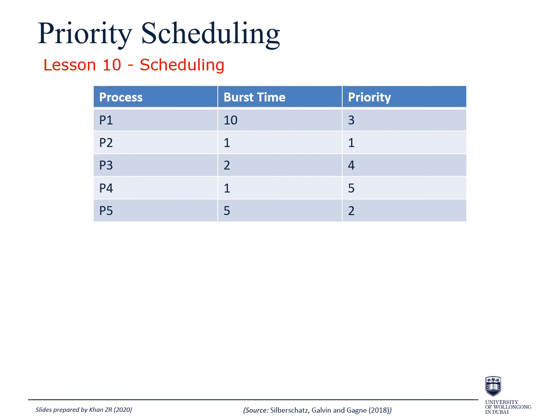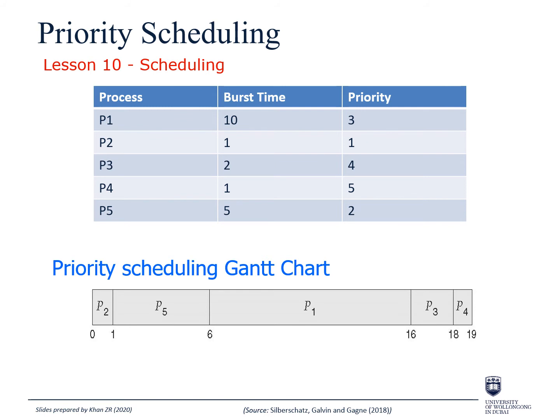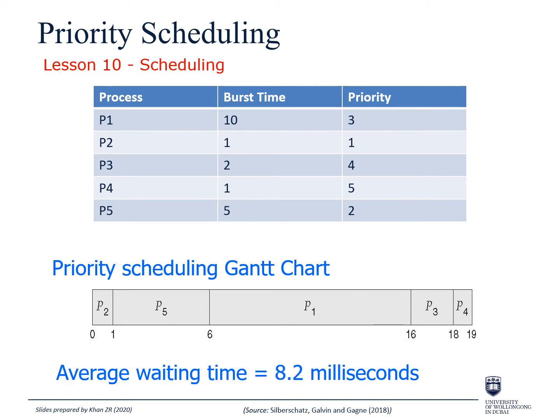But here is how we will actually follow this: P2 has the highest priority, then P5, then P1, then P3, and then P4. So this is how you would end up drawing the Gantt chart for the priority scheduling. In this case, the average waiting time becomes 8.2 milliseconds.